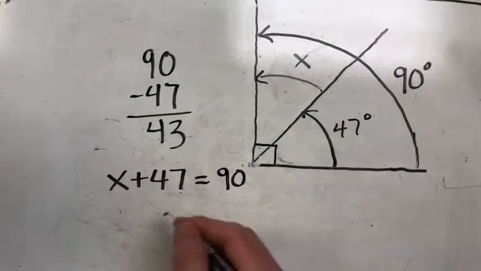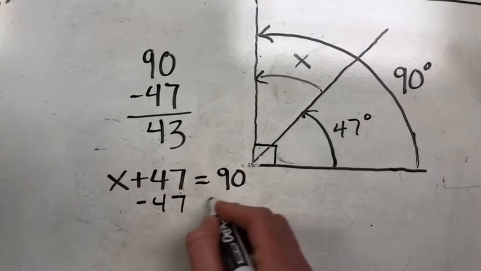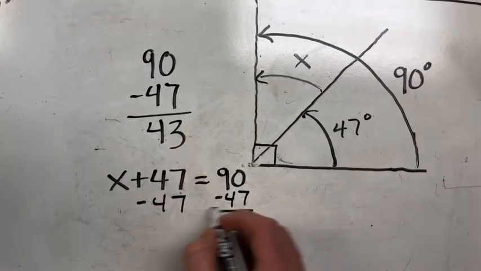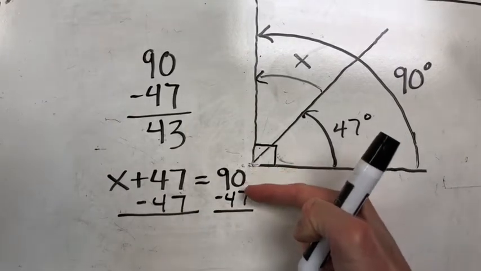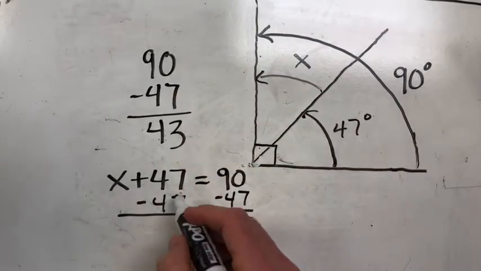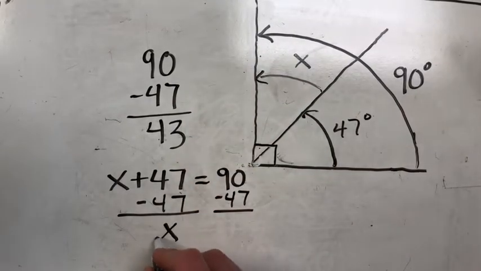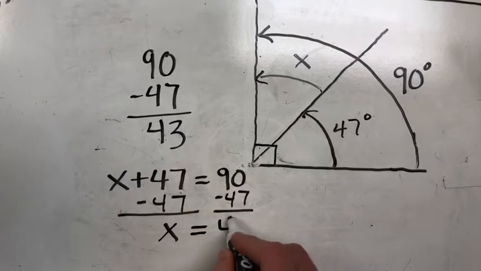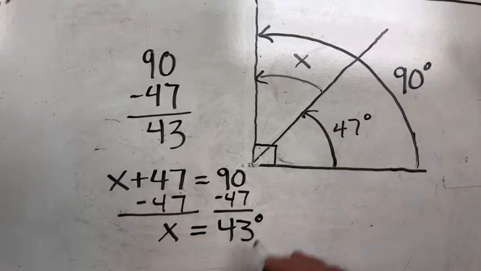Solving this equation, we can subtract 47 from both sides. And here we see the 90 minus 47 that we intuitively used before. This leaves us with the missing angle having a measure of 43 degrees.